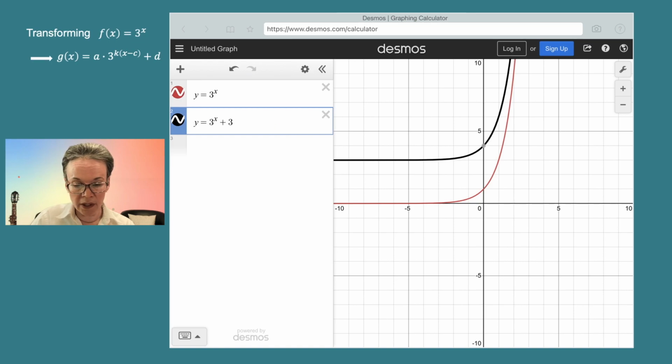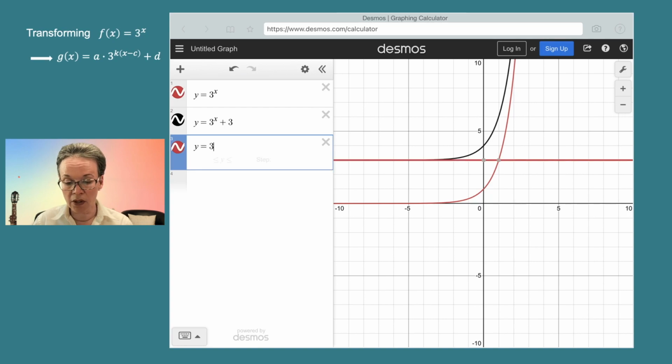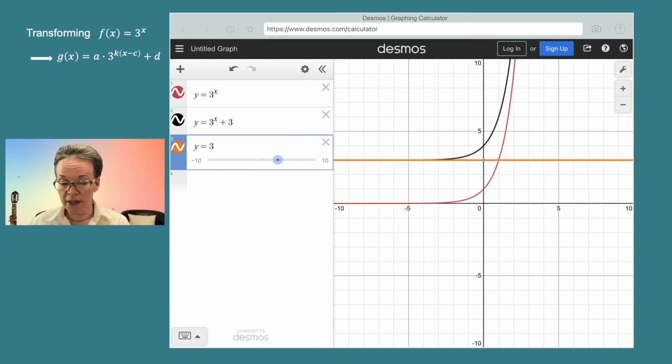In fact, I'm going to go ahead and include the equation of the horizontal asymptote. That's going to be y equals 3. Let me change the color of that so that we keep it different. I'm going to make it orange. So notice in this particular case now that we can nicely see the horizontal asymptote right there.